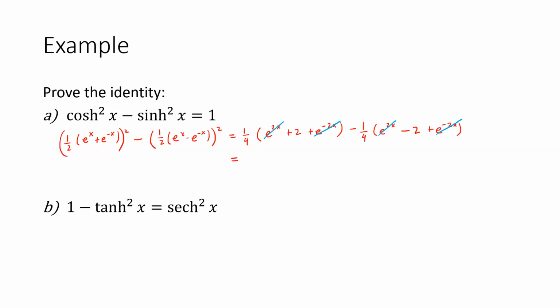So actually all that remains is 1/4 times 2 minus 1/4 times negative 2. So negative 1/4 times negative 2 will become positive 1/2. So we get 1/2 plus 1/2 is 1.